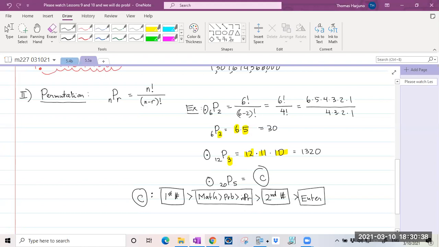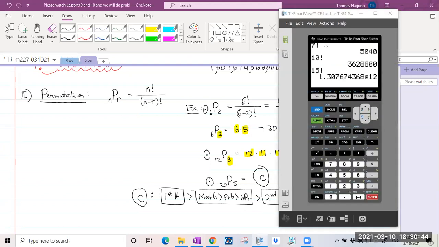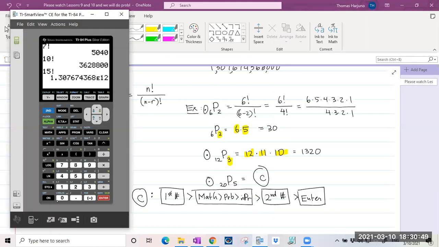So for example, I want to compute 20 permutes 5. I punch 20 first, and then Math, PRB, nPr, and then 5.